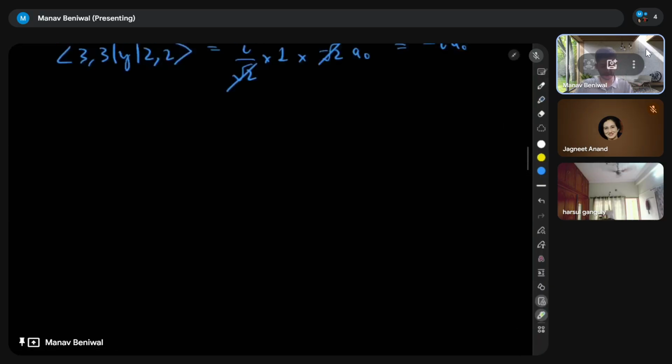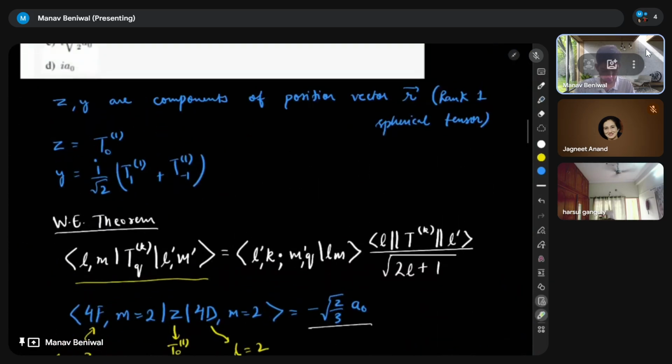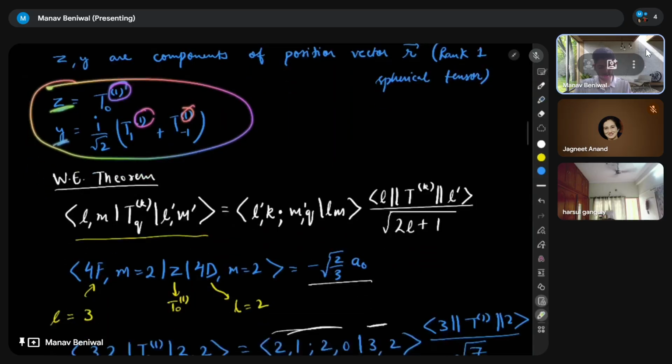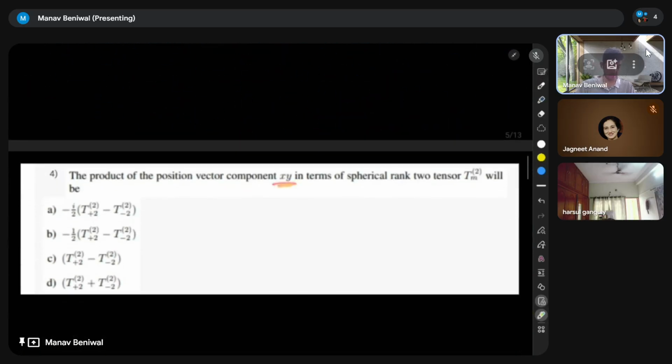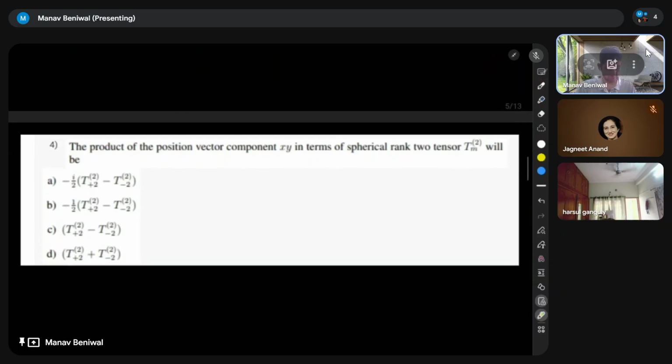In the previous problem where we used these values, this was a rank 1 tensor, because it only had z, y, so here it was 1, 1, and so on. Now because it's a product of x, y, naturally it will be a rank 2 tensor. And then we have to write what this product xy will be in terms of the T m tensors.